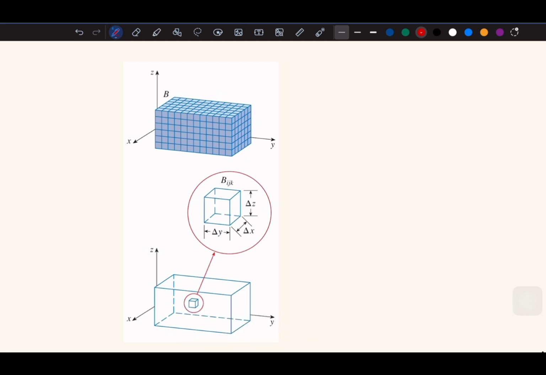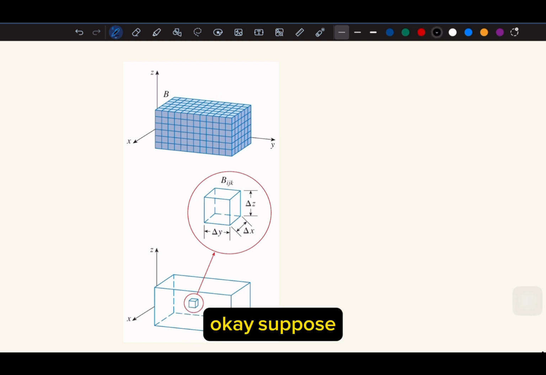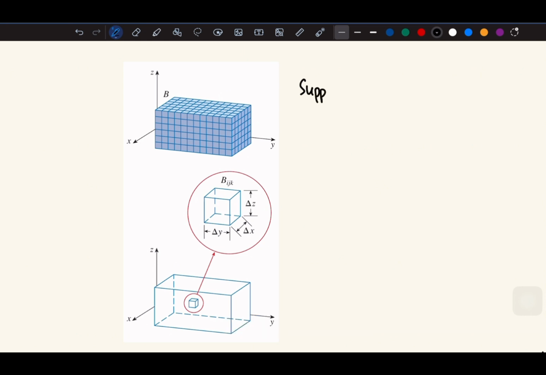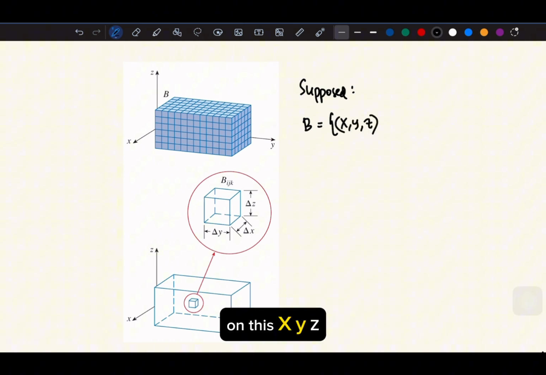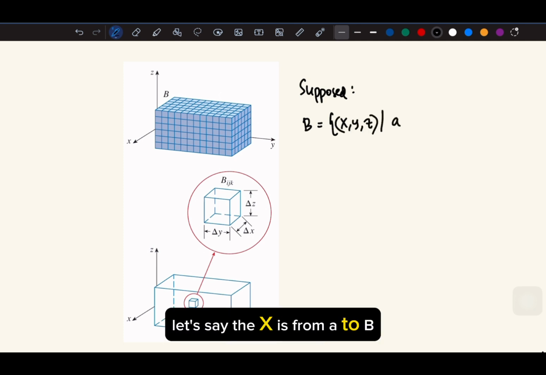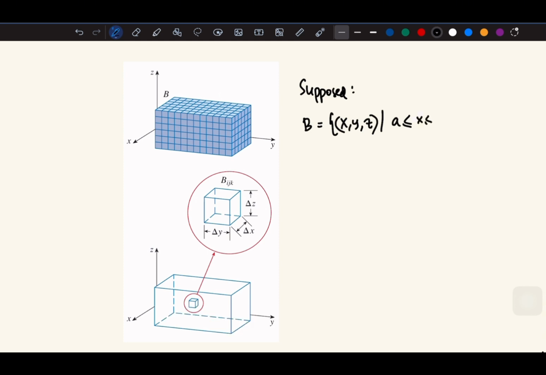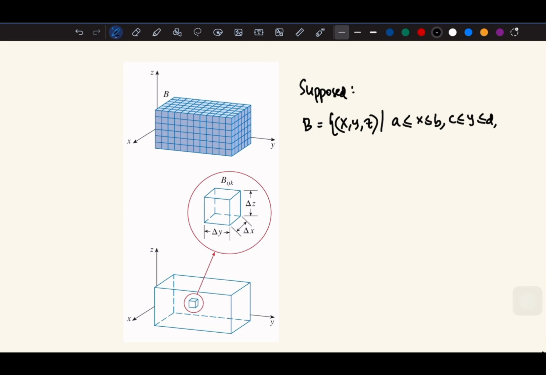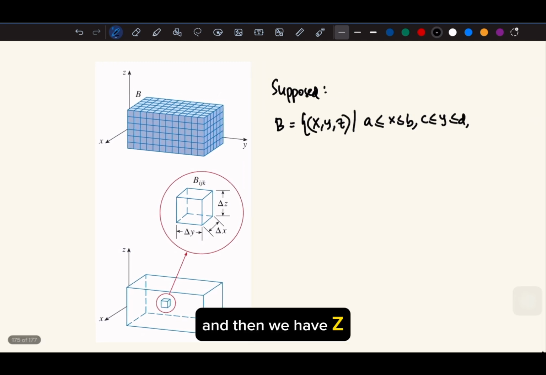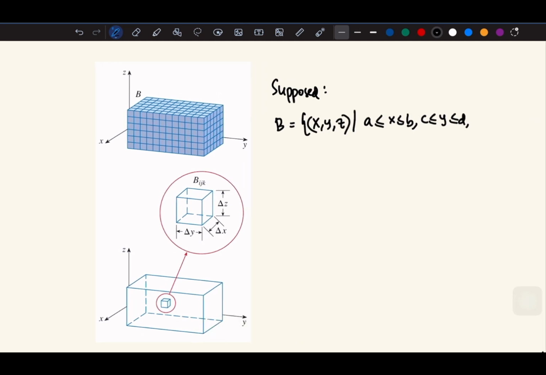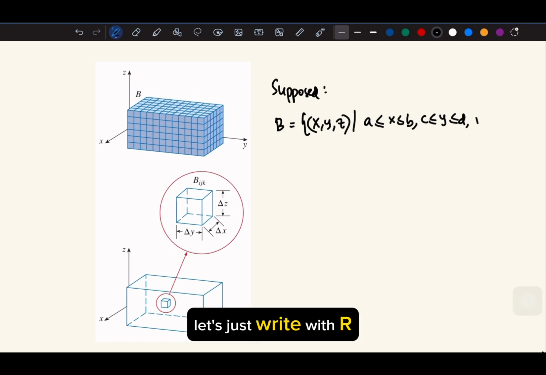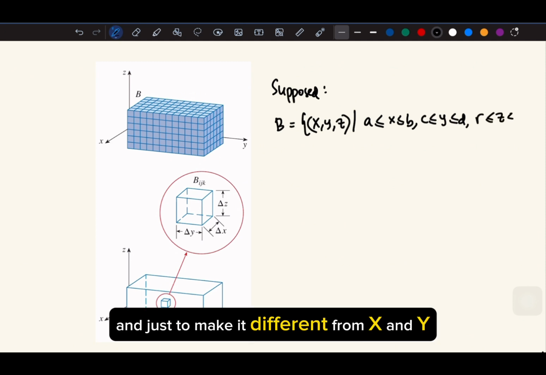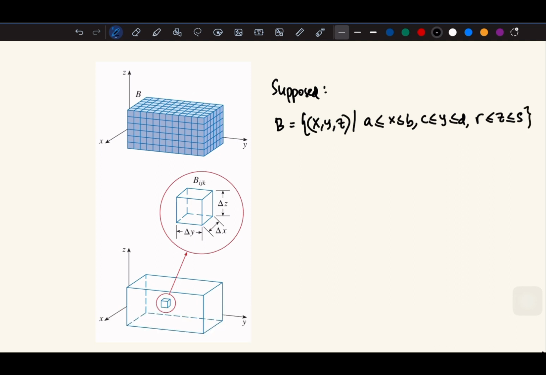And suppose that we have B on this xyz, let's say x is from a to b and y is from c to d, and then we have z, let's just write with r, just to make it different from x and y.